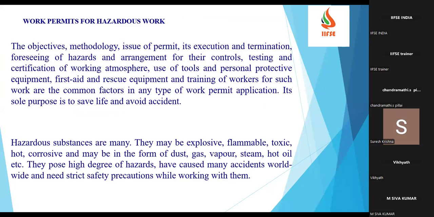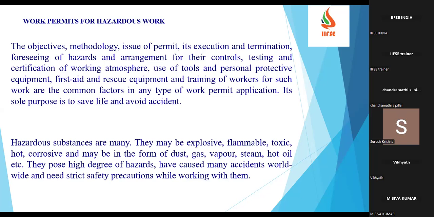What are the objectives? And methodology for issue of the permit, its execution and termination, forecasting of the hazards and arrangement for their controls, testing and certification of working atmosphere. Testing and certification, in the sense, it is not that you are going to give any certificate to that equipment.